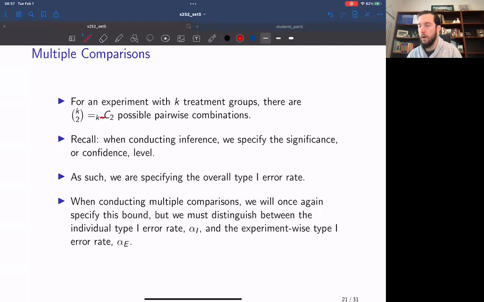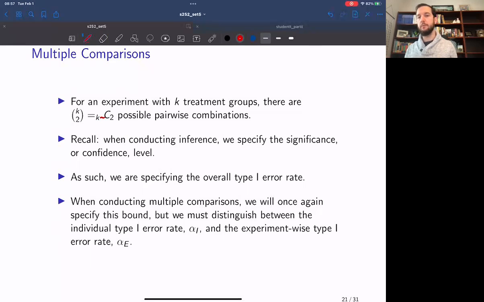Now, when we're setting up multiple comparisons, we have to distinguish between 2 types of type 1 error. In all of the hypothesis tests that we have considered this semester, on step 2, we always specify alpha.